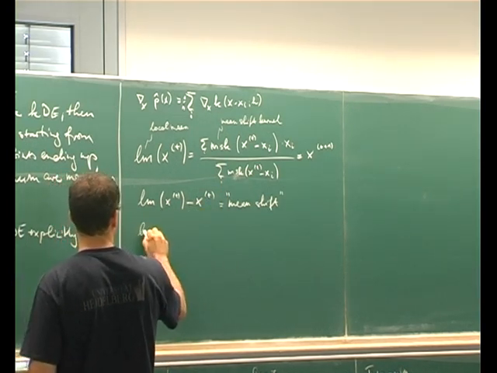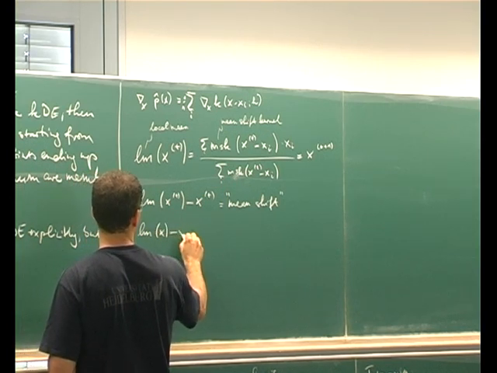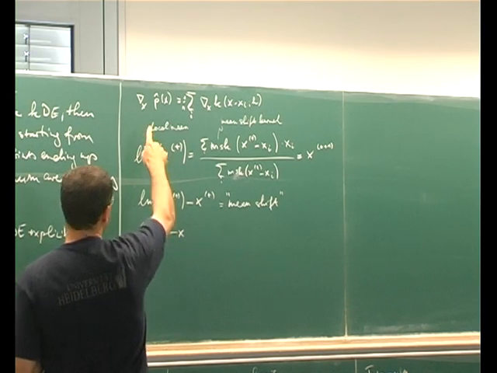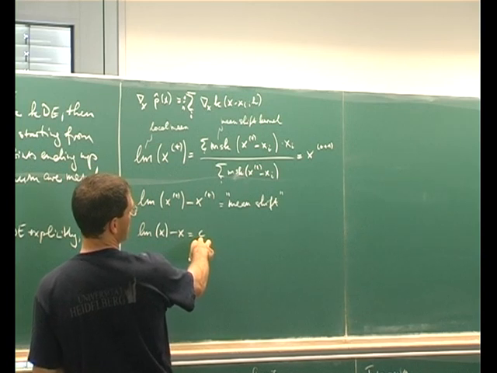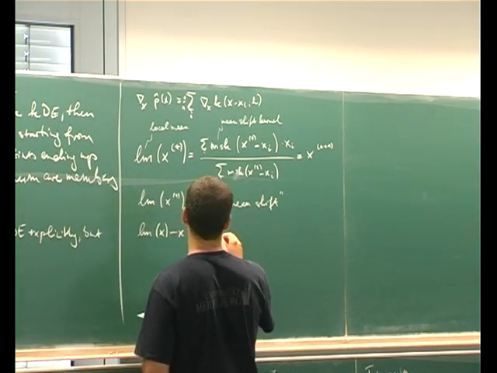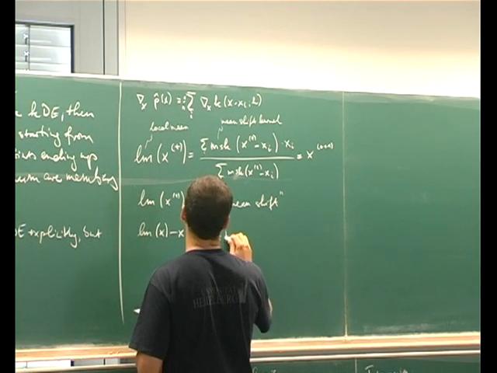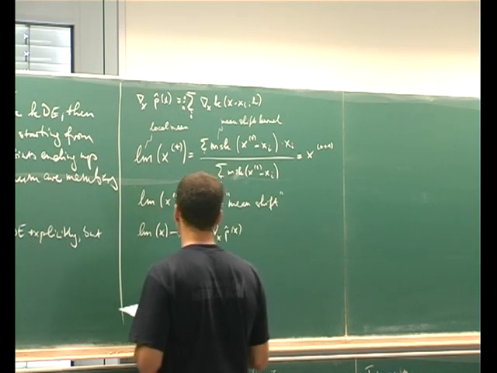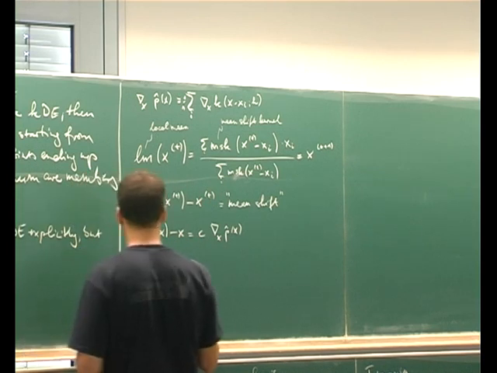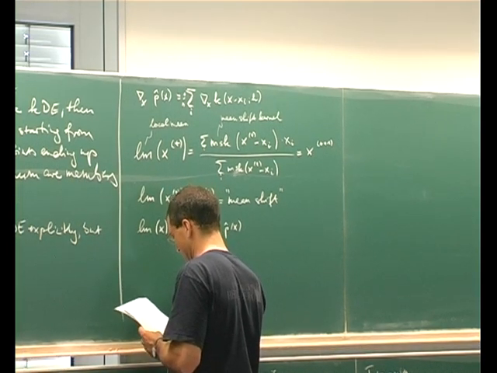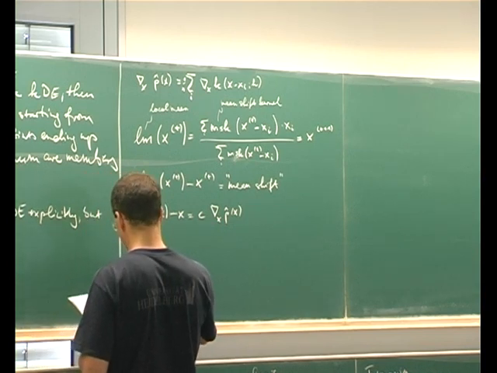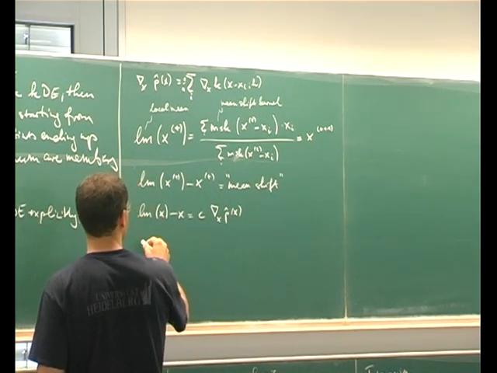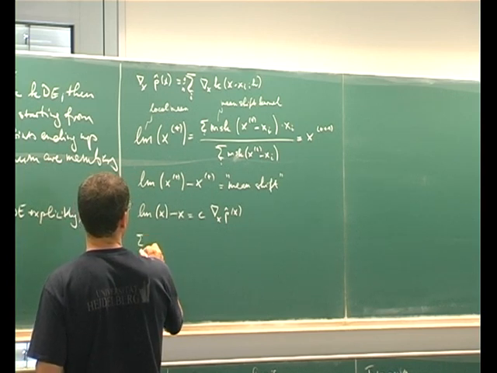If I want this direction to be the same as that one, up to some constant, so the step size does not need to be the same, this gives me a condition on how the mean shift kernels should look like. So inserting the definition here.